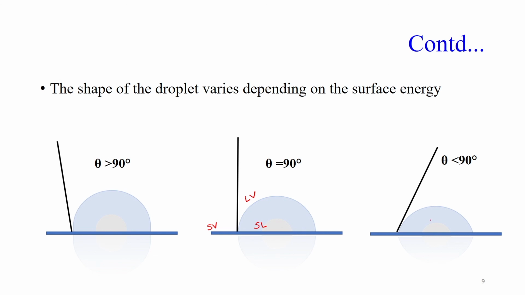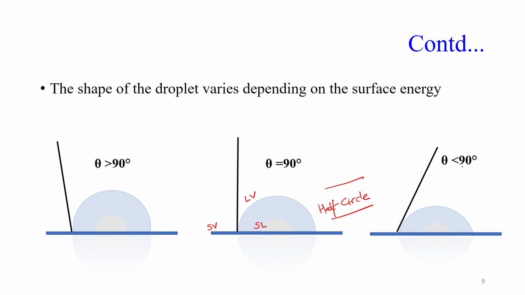So, here we can say it is less than 90 degree contact angle, it is like a half circle. Contact angle 90 degree, and if it is more than half circle, the contact angle is more than 90.